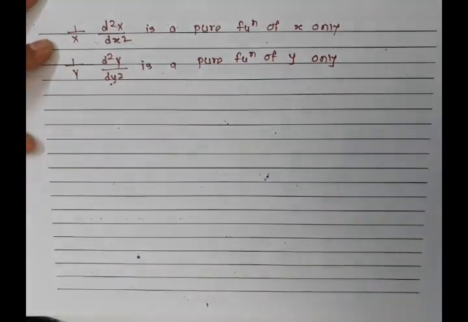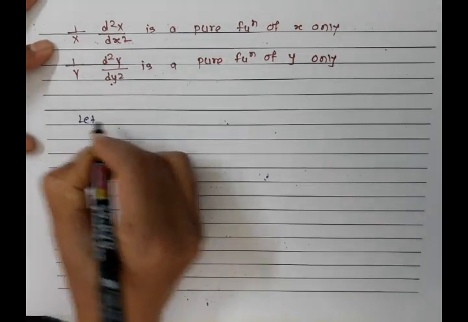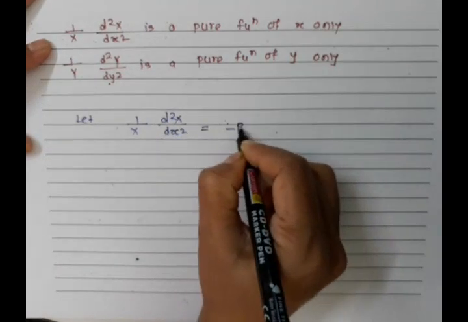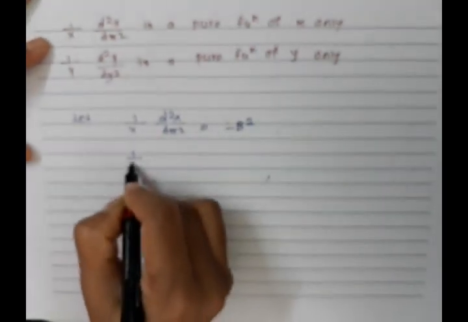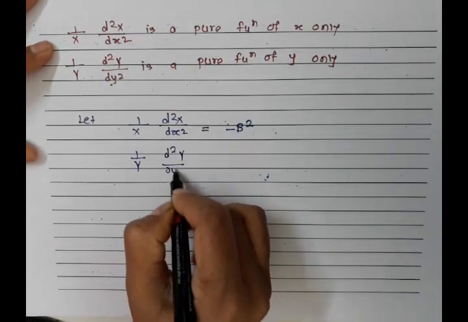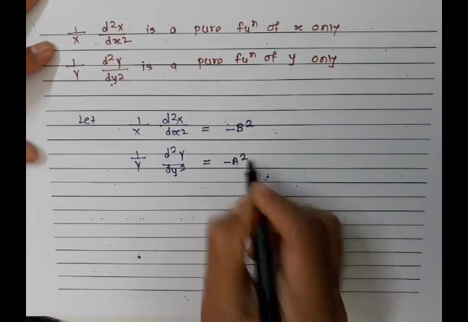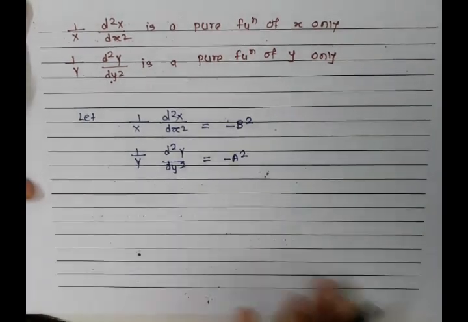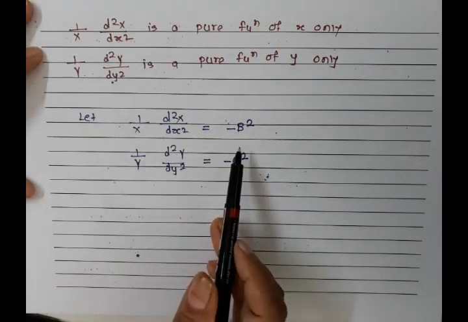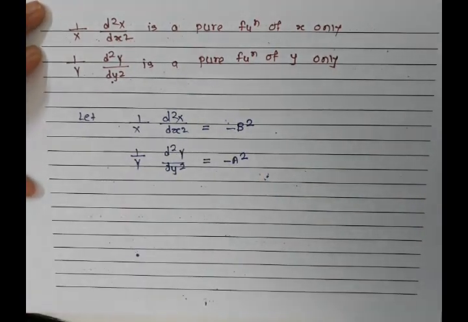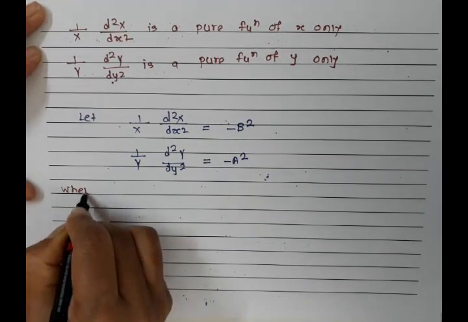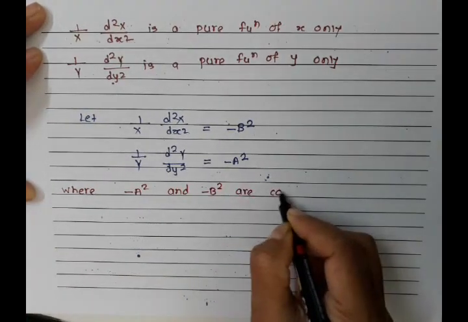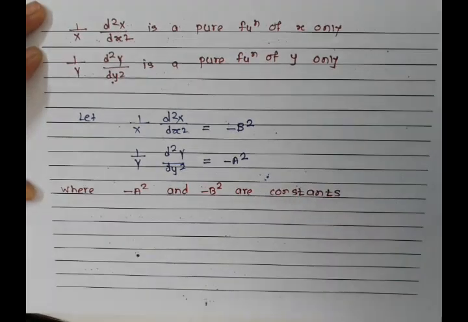So let us assume that 1/X d²X/dx² is a constant, which is nothing but minus b squared. Then 1/Y d²Y/dy² must be a constant, that is minus a squared. Okay, so we have assumed that minus a squared and minus b squared are constants. So these are the two constants we have assumed.